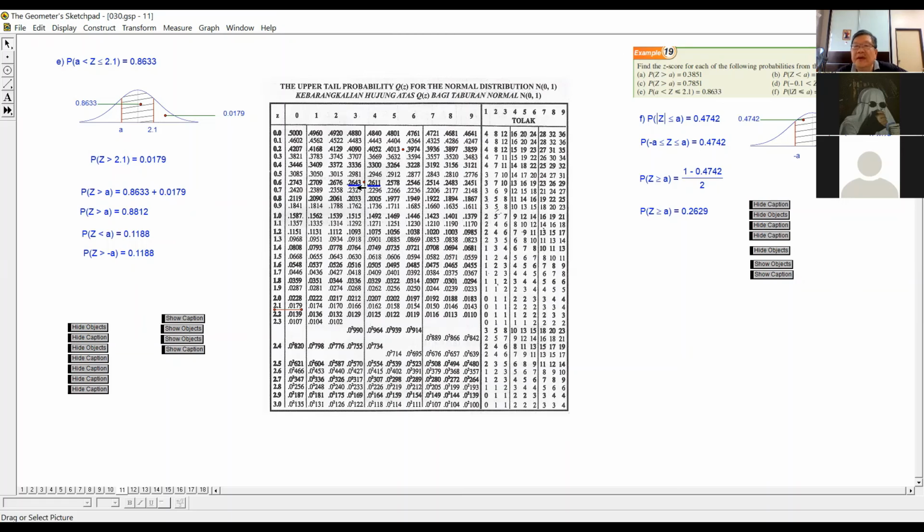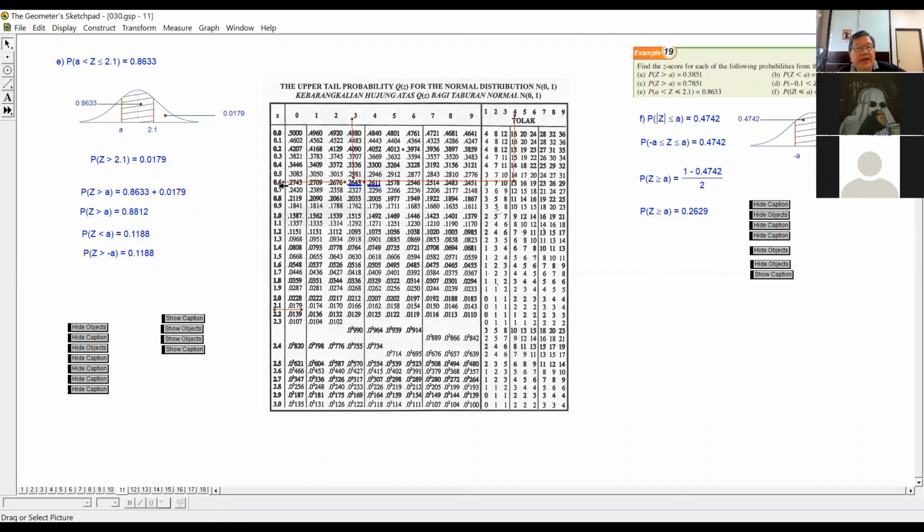So 0.2629 lies between two numbers. The two numbers are 0.2643 and 0.2611. 43 and 29, the difference is 14. Any 14 behind? No. The nearest one is 13. Correct. So you look behind, the nearest one is 13. 13 corresponds with 4.